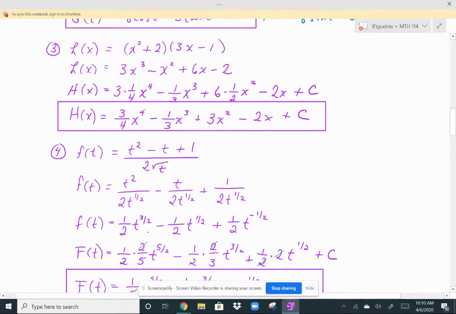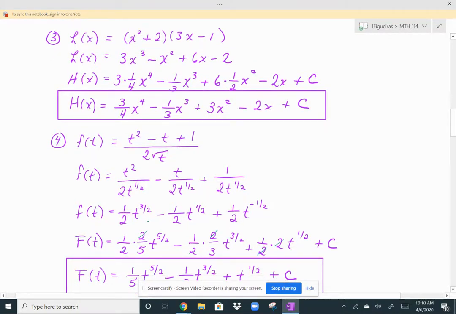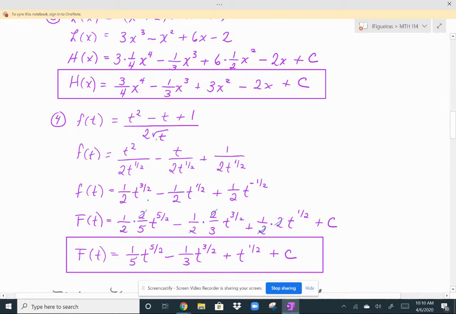Again, there is no anti-quotient rule. So what I need to do here is divide each term by 2 root t, which is the same as 2t to the 1/2. So that's what you're seeing here, that each term is separated. So it's still little f of t. In the next line, it's still little f of t. All I did was subtract the exponents in the first 2 terms.